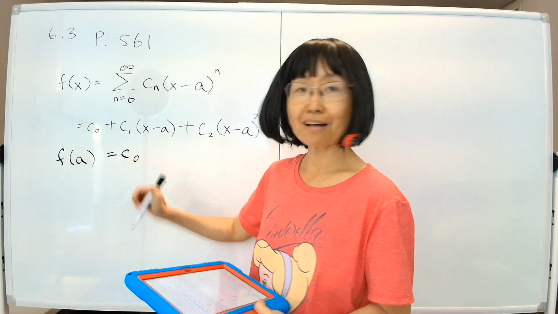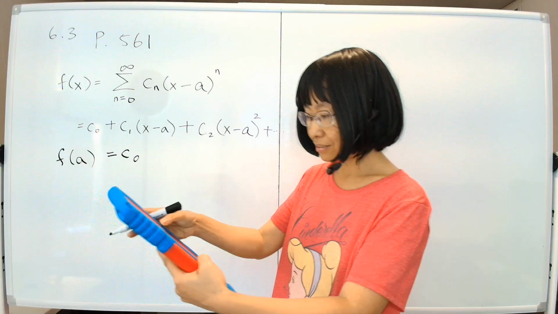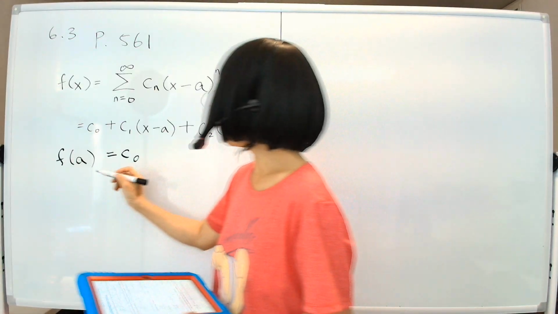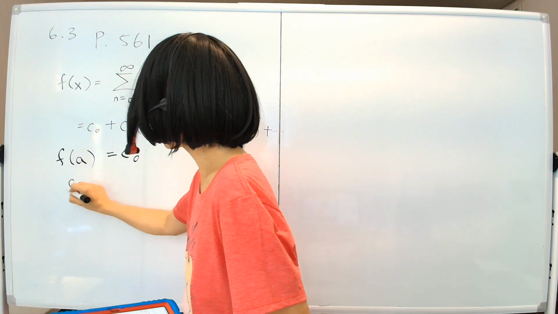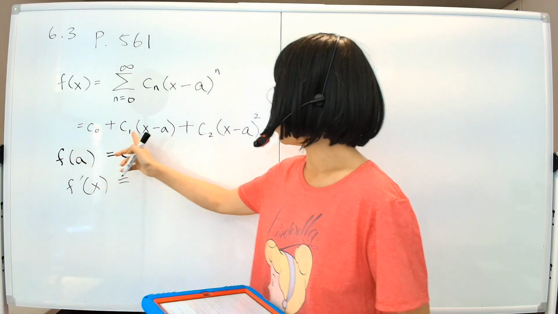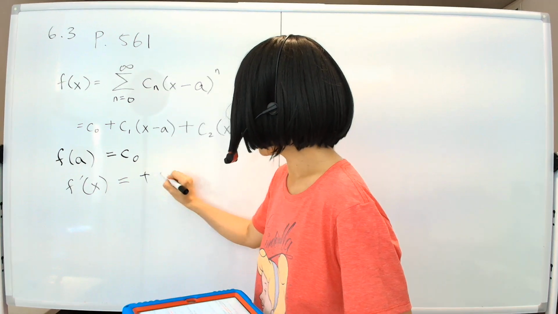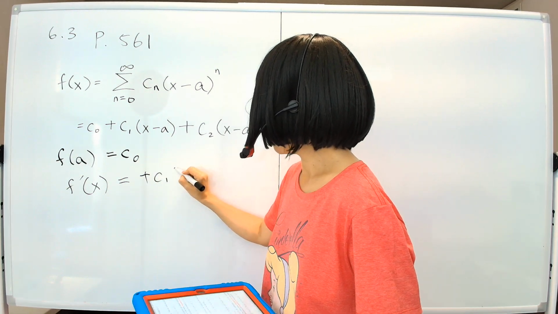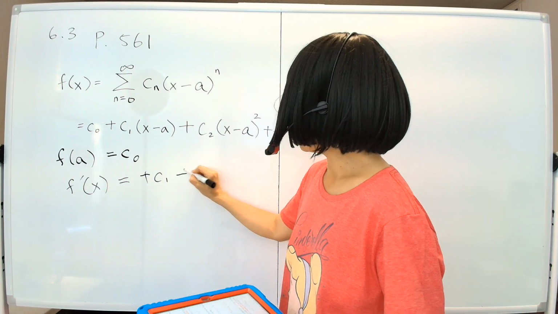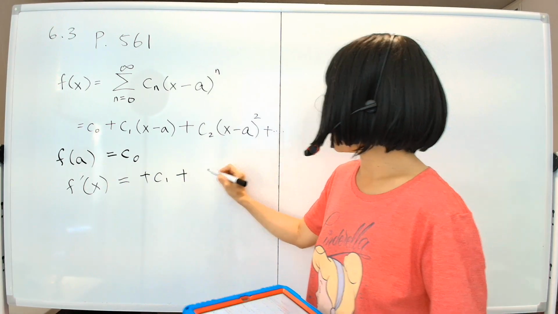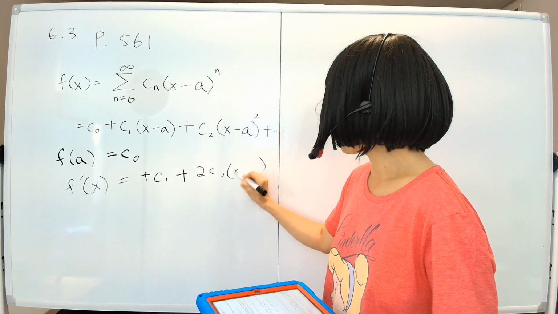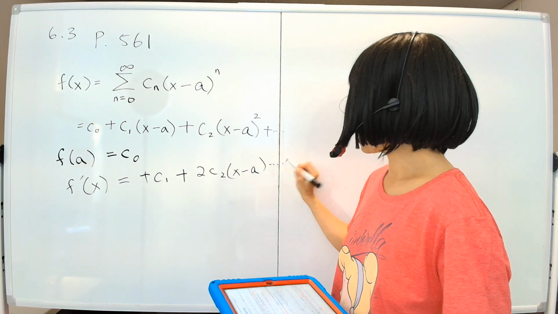Okay, now that we figured out what f of a is, what we're going to do is take the derivative of this thing. Now, if you take the derivative, what is f prime of x? f prime of x, that's the first derivative. That becomes 0, and that becomes c1, okay? And then plus other stuff like 2c2 times x minus a, etc., and so on.